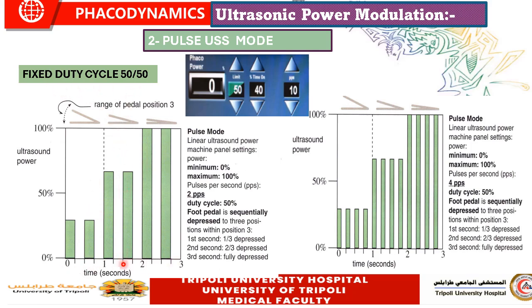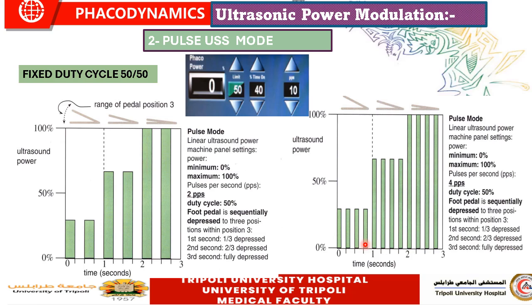Now, in this example, we have 2 pulses per second, and in this example, you can see that we increase the pulses to 4 pulses per second, so that we have 4 duty cycles. Now, the traditional pulse can range between 10 up to 20 pulses per second. This is the maximum for the traditional pulse.